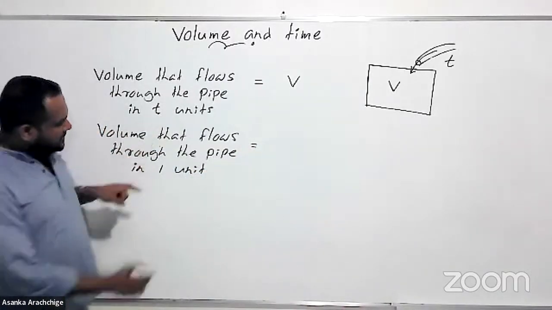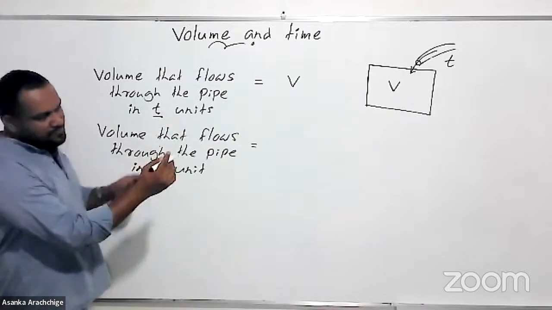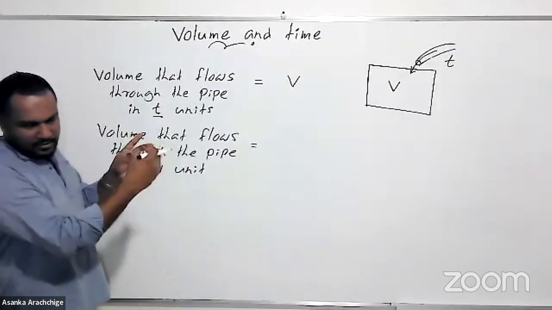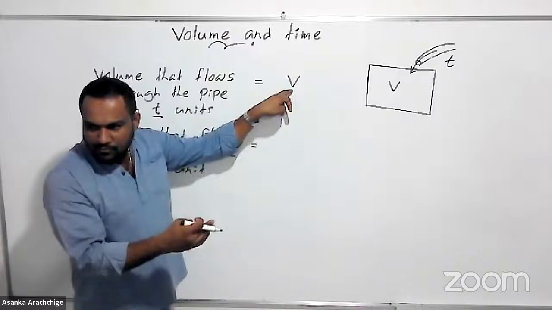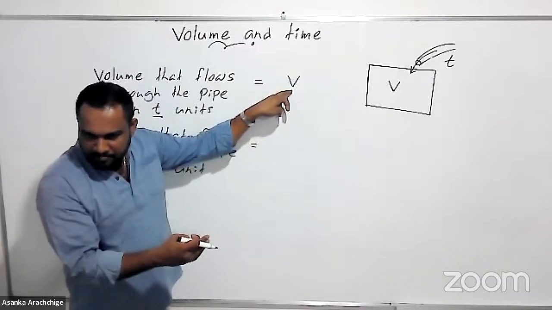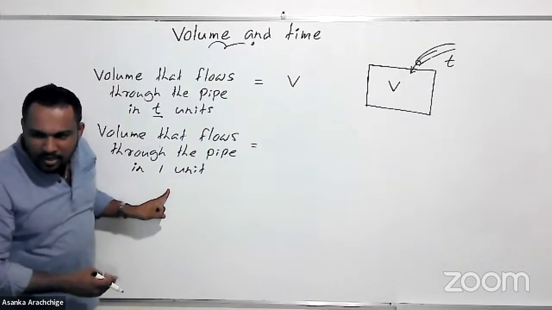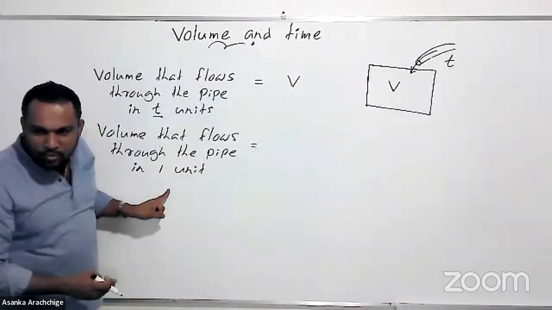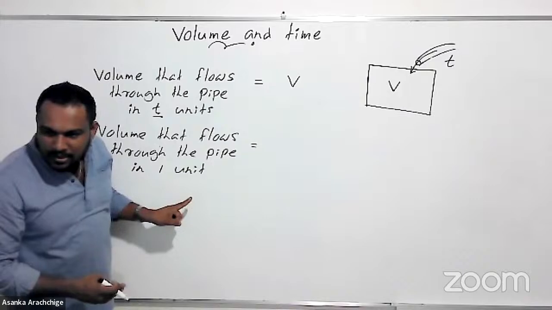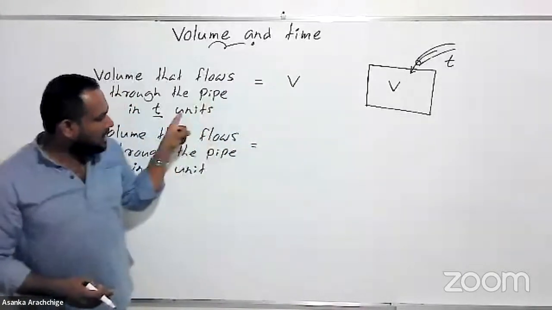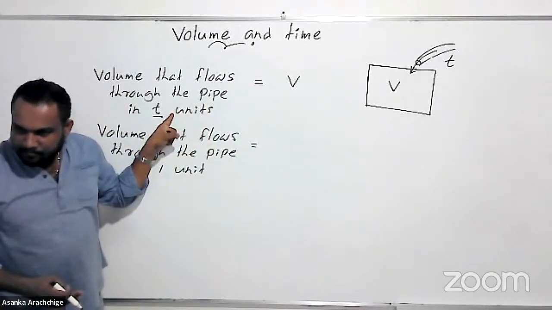In T units, the pipe carries V volume of liquid, no? Then in 1 unit of time, how much is it? How to calculate it? What are you supposed to do? Divide volume by time, no?